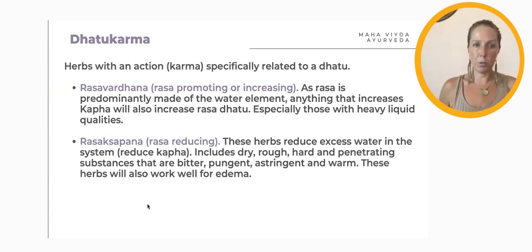Then rasa reducing, these herbs reduce excess water. They would reduce kapha. These include dry, rough, hard, and penetrating substances that are bitter, pungent, astringent, and warm. These herbs also work for fluid retention.